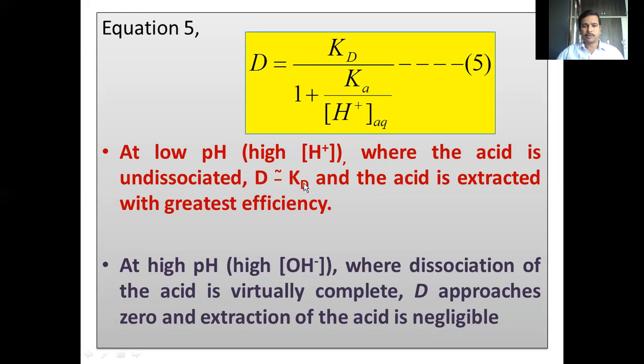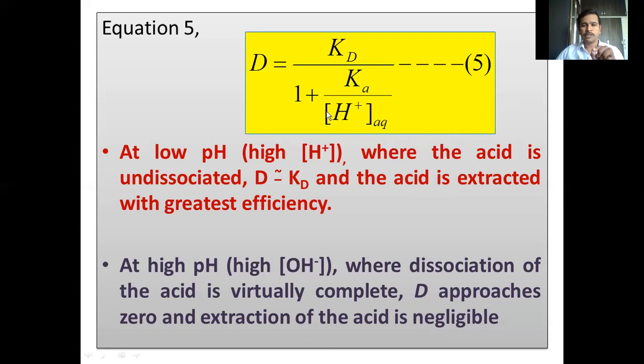At very high concentration of H plus ion, what is the reason? The carboxylic acid does not undergo ionization. At very low pH, the dissociation of the carboxylic acid, be it benzoic acid or acetic acid or citric acid or tartaric acid, whatever it may be, does not occur, so its originality will be maintained.